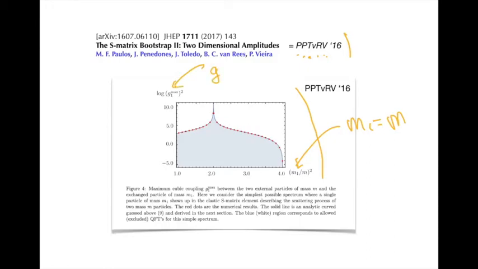What they observed, and what they a posteriori discovered, it was already known, is that not all couplings are possible, and there is a value of the coupling that is maximal given some MP squared. The maximum value would be given by whatever number is here, and that follows this curve.